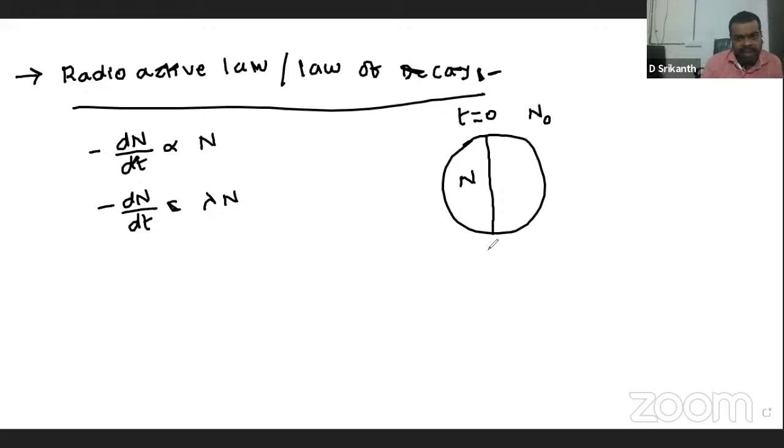Lambda is called the decay constant or disintegration constant.